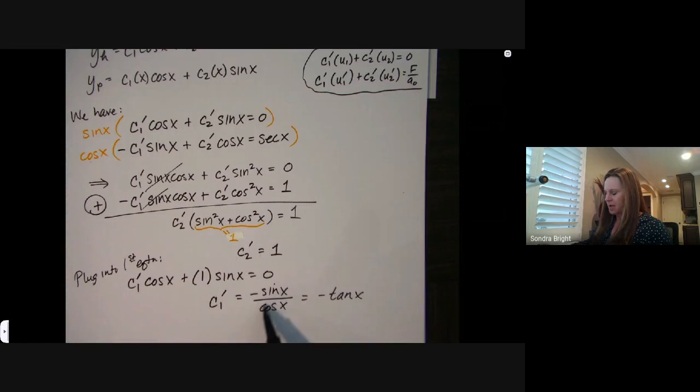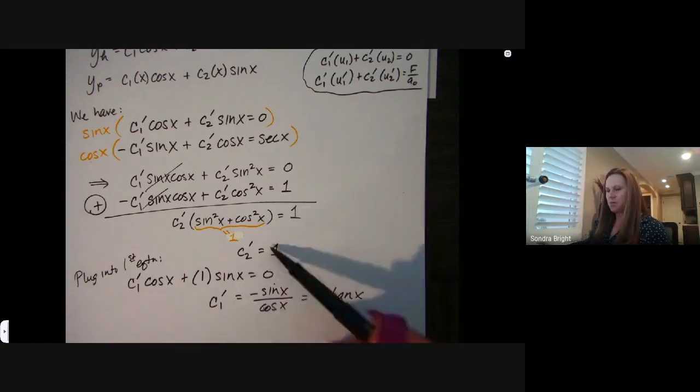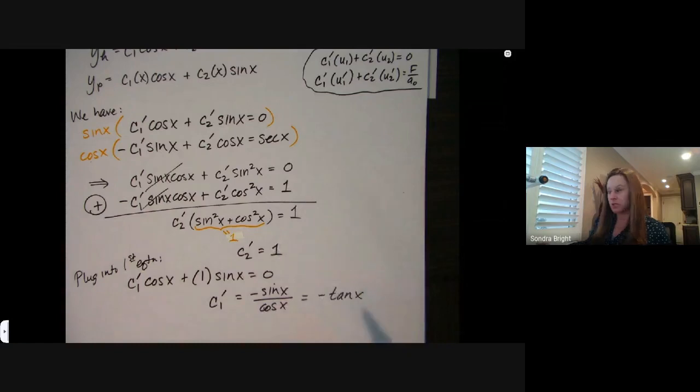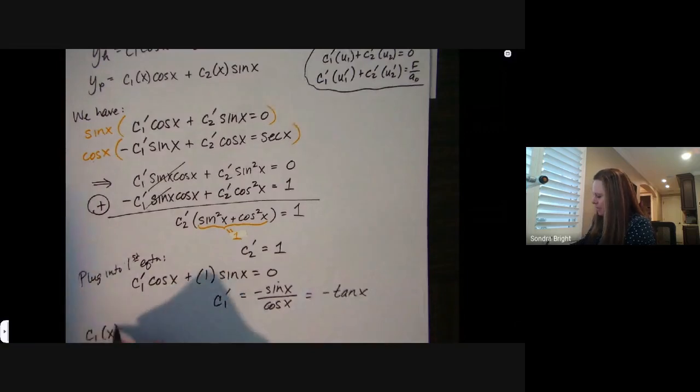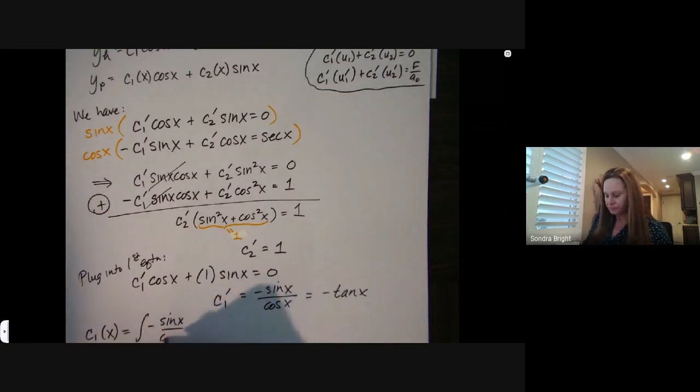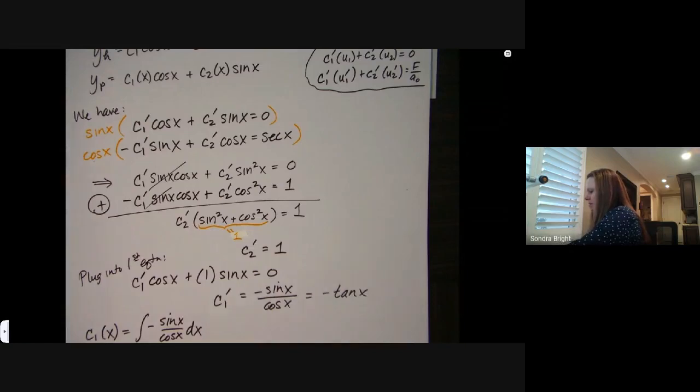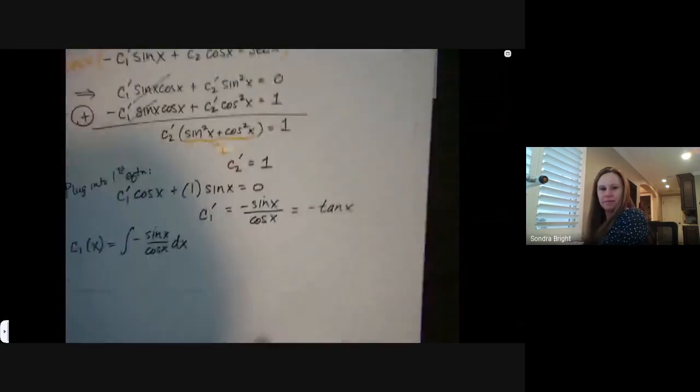We're going to integrate both of these to figure out what their functions are, C1 and C2. So C1 is some function of x, and we're going to get it by integrating negative sine of x over cosine of x dx. And hopefully you remember why we leave it like that instead of keeping it looking like tangent.